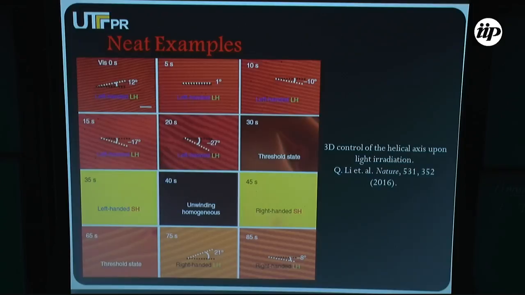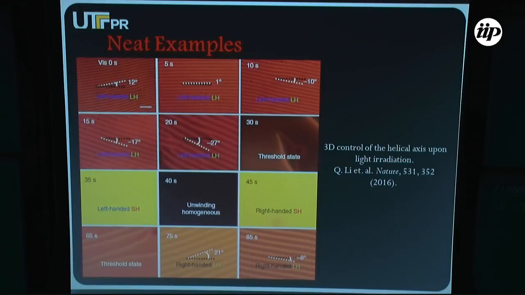This is another example. This paper was published by Kwon Lee at Kent State University in 2016. And here they have a cholesteric. It's made by doping a chiral dopant that responds to light. And all they do here is the cell is made to induce planar alignment.